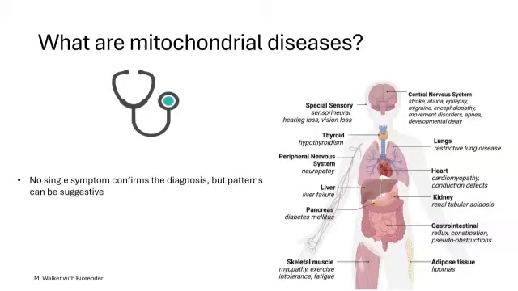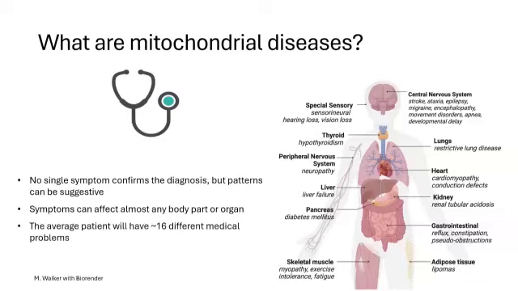However, if you take certain symptoms grouped together, that can be highly suggestive. As I mentioned, they can involve almost any organ or body part. And the average patient, studies have shown us, can have as many as about 16 different medical problems in mitochondrial disease.